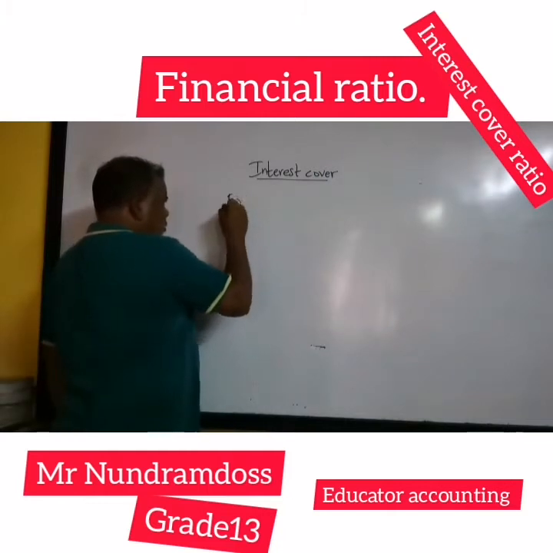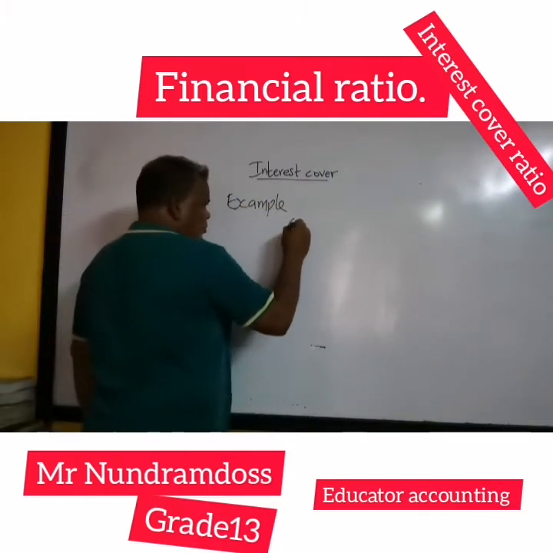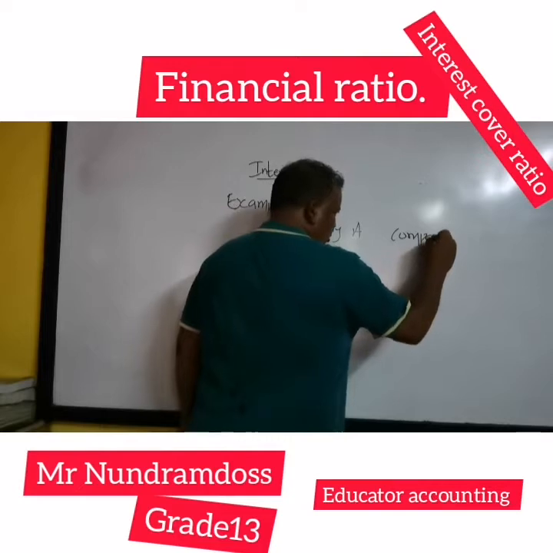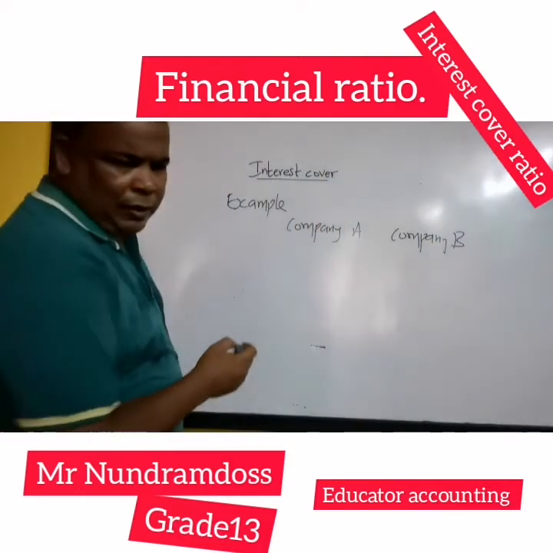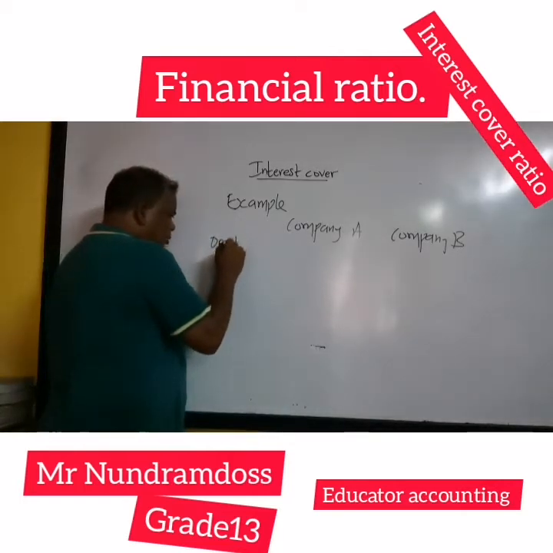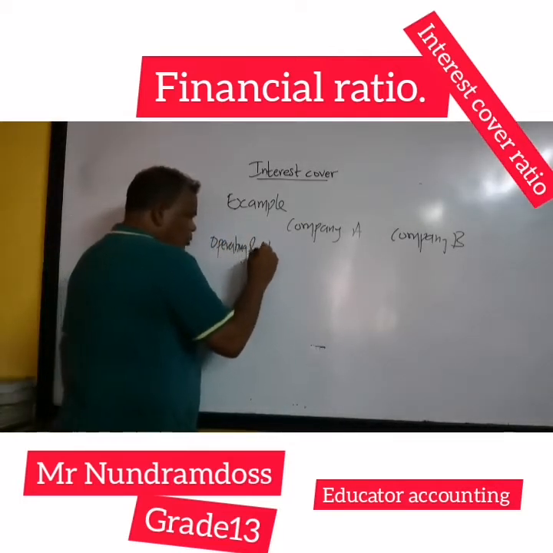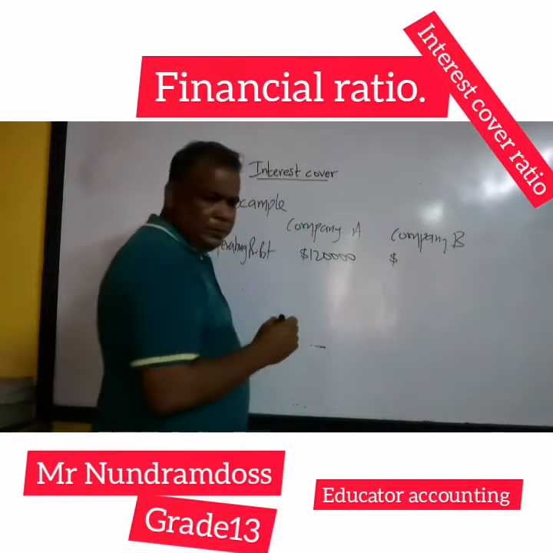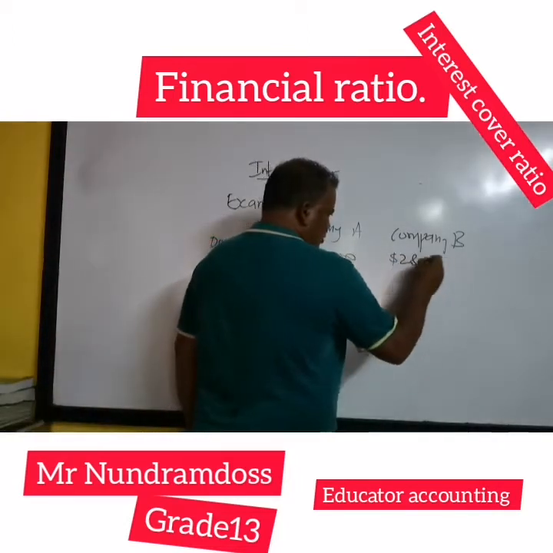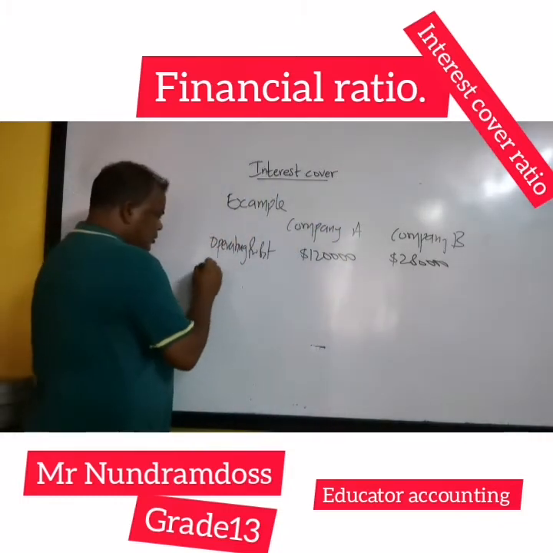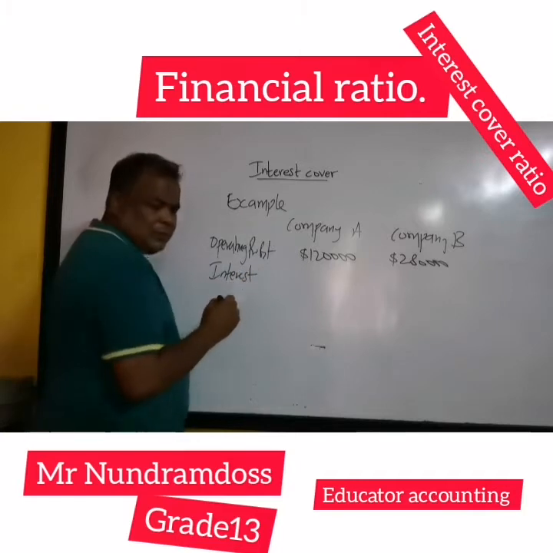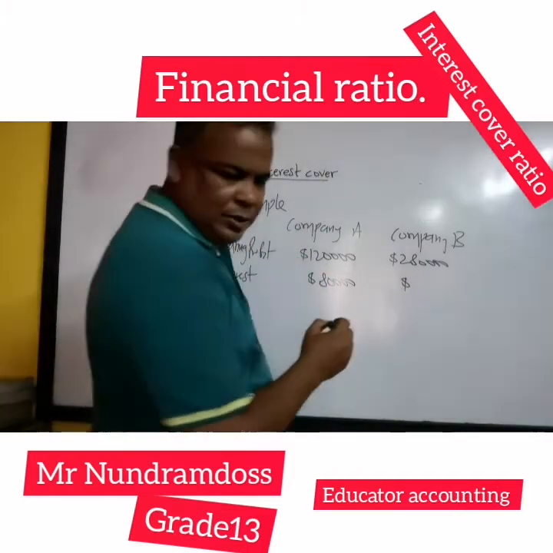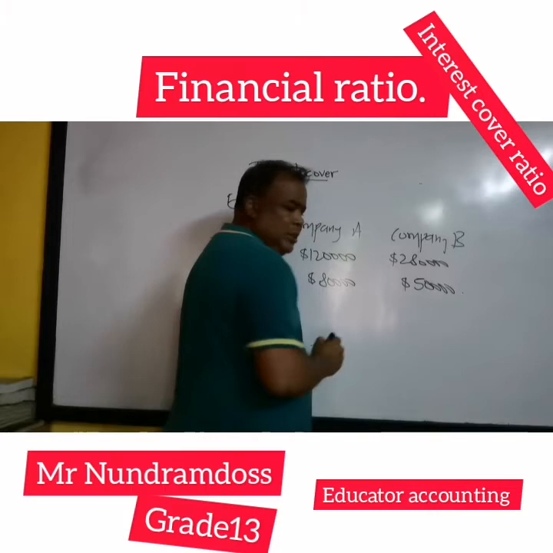Example, we have company A and company B, and we have operating profit for company A 120,000, for company B 280,000, and interest charges to pay 80,000 for A, and for B interest charges to pay 50,000. So this is the information given.